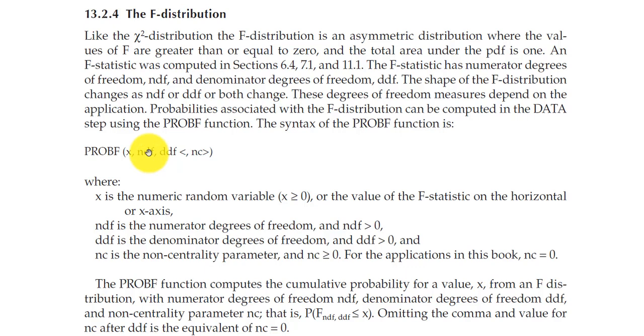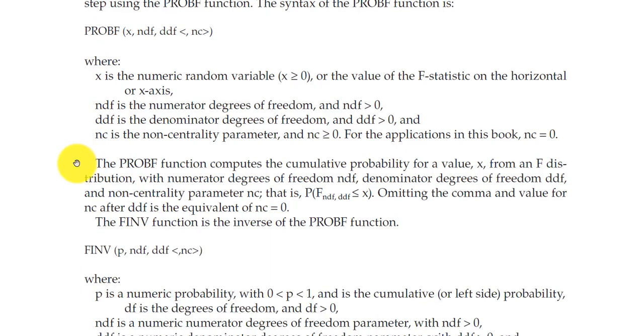It's always numerator degrees of freedom before denominator degrees of freedom, and then we have the value of the f statistic here. And so this is going to compute the cumulative probability or left side probability associated with an f distribution. The opposite of that, we can no doubt expect, would be f inverse, where we specify the left side area or probability and then the 2 degrees of freedom measures.